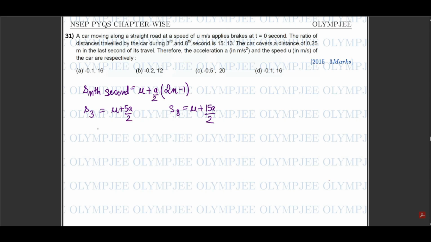So we know the ratio is given as 15 by 13, which means 13u plus 65a by 2 is equal to 15u plus 225a by 2.